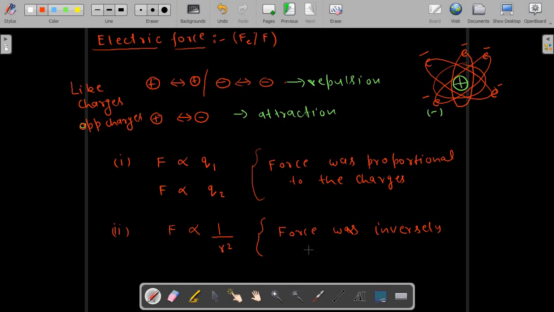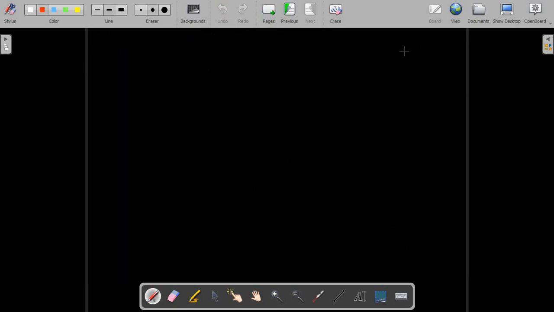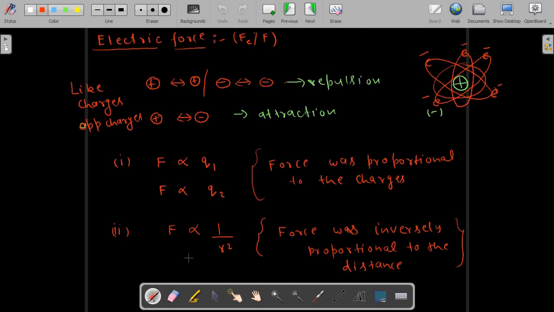So it was inversely proportional to the distance. And what kind of distance is this? R is basically the distance between the charges. It could be same charge or opposite charge. So R is the distance between the charges.